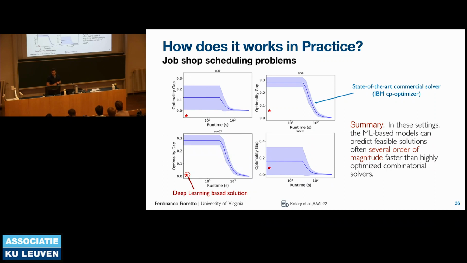So how does this work in practice? Here are some results. We're showing on the y-axis the optimality gap, on the x-axis the runtime. So how long does it take you to get a particular optimality gap? The blue curves are the CPU optimizer, and the red star is the solution returned by the neural network. For the first subplot, you can see a negative optimality gap.